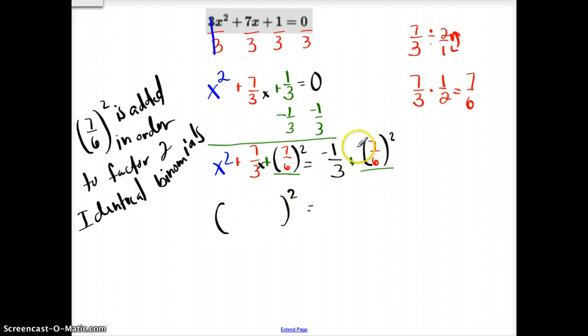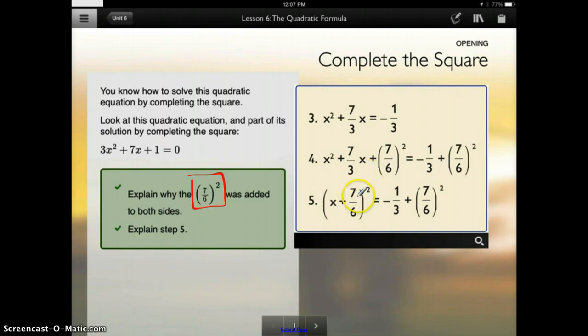It's going to equal whatever this is. Okay. So according to our work here, this is 7 over 6 squared. Okay. So this is step 5, and that equals 1/3 plus 7 over 6 squared, and then you solve the rest of this. Okay. Now, slide 1 is only asking us why we added this number.